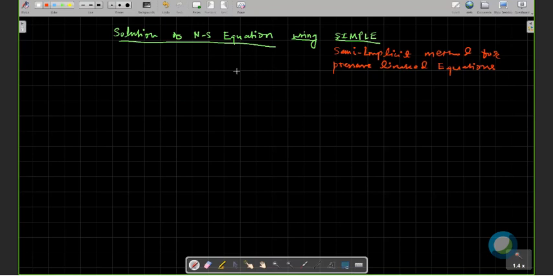So this method is an implicit method. The previous one, the SMAC method, was explicit, but SIMPLE is actually an implicit method.